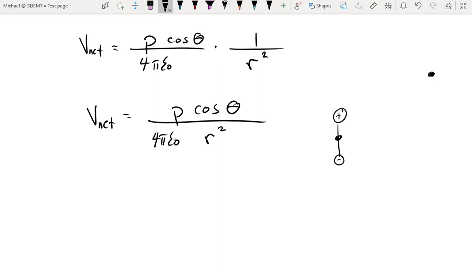And we do have a vector in our statement. We have the electric dipole vector, which, reminder, always points in the direction of the positive charge of the dipole.